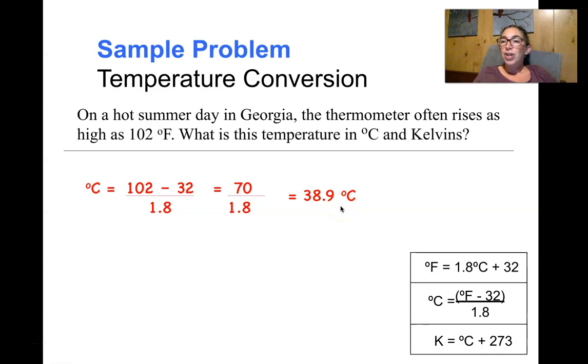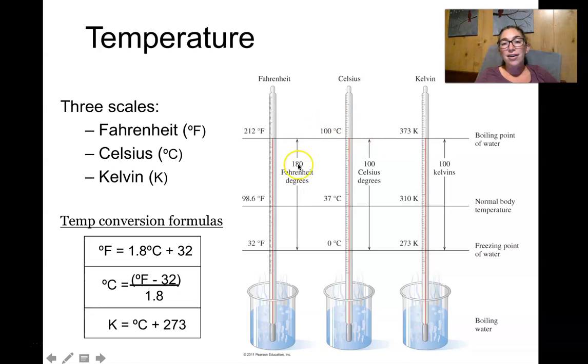And we can check the validity of our answer with a little bit of mental common sense. A good thing to do, if I go back to this slide here, is to memorize these temperatures that are listed here. The freezing point of water, the boiling point of water, and normal body temperature on these different scales.